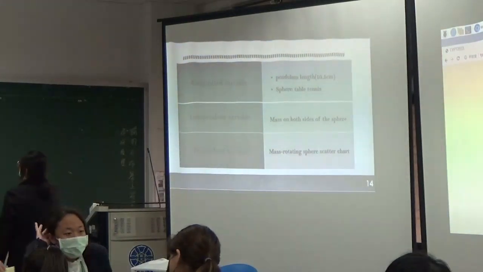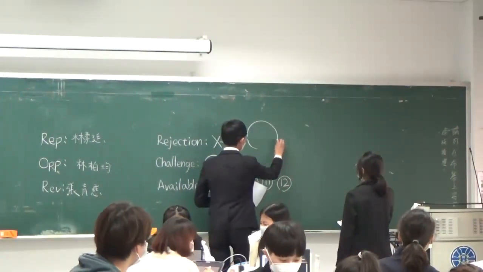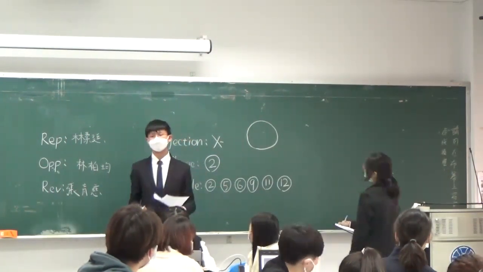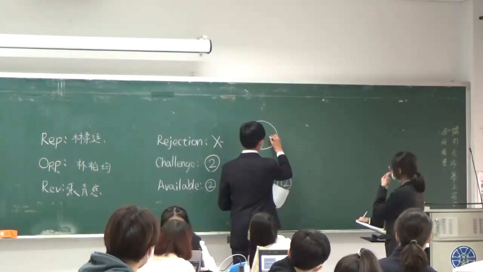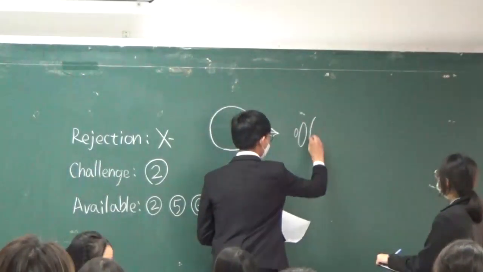And next discussion about the conducting surface. If your sphere is conducting, I think you can imagine the sphere consists of so many coils like this.